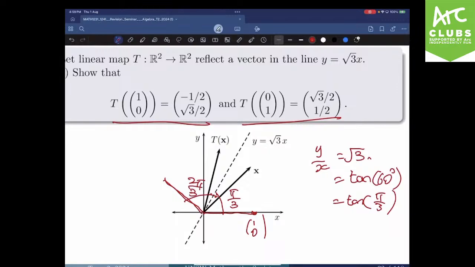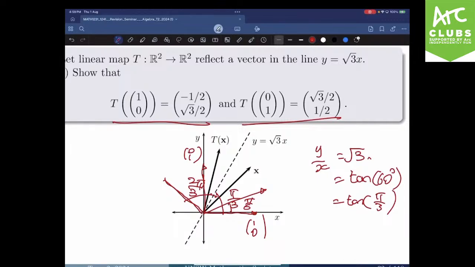Do we buy that? Similarly, if we take the vector (0, 1) and reflect it over here, then the angle will be pi on 6. Do we buy that as well?